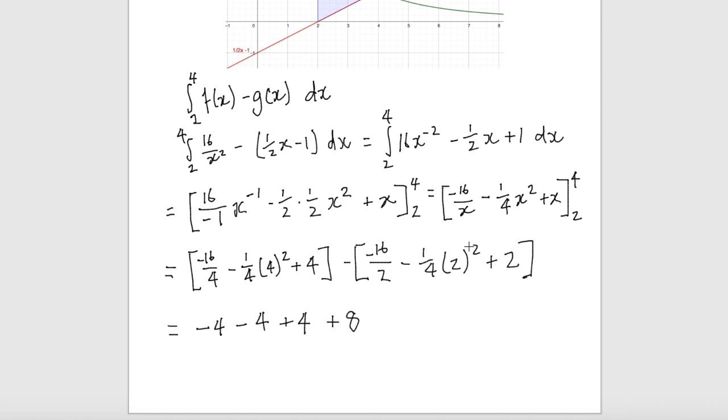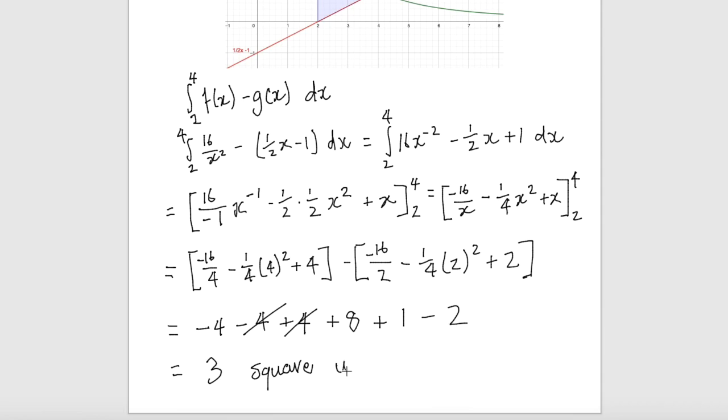Alright, this part here, 2 squared is 4, a quarter of 4 is 1, so that's plus 1, and then this last one's minus 2 because we expand this minus in. Alright, simplify things down. The plus 4 minus 4 will go. Minus 4 plus 8 is positive 4, plus 1 is positive 5, minus 2 is 3.